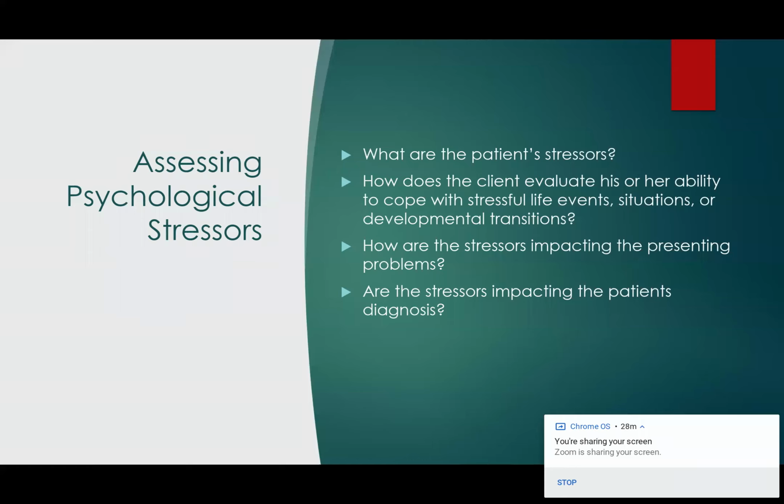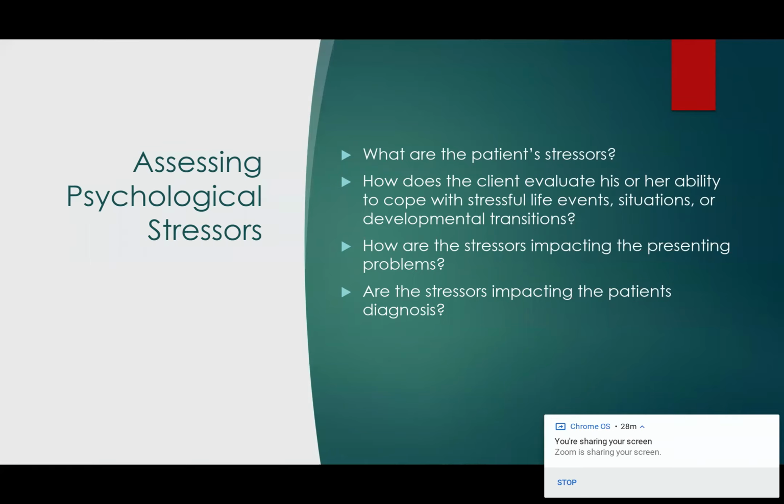Also assessing how the stressor is impacting the presenting problems. So how does financial stress play into somebody's anxiety or depression? What are their fears? We also want to know if the stress itself impacts the diagnosis. So there is a line between anxiety and, let's say, hypervigilance, which is that constant state of survival mode.